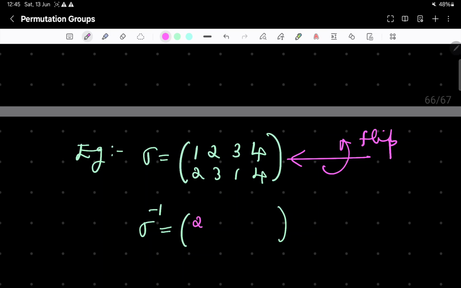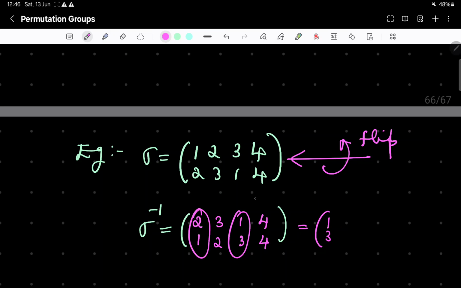Write the second row first and the first row second, then arrange it. Arrange means the top value 1 has to come first, so the column 1 3 comes first, then this column 2 1, and the third column 3 2.